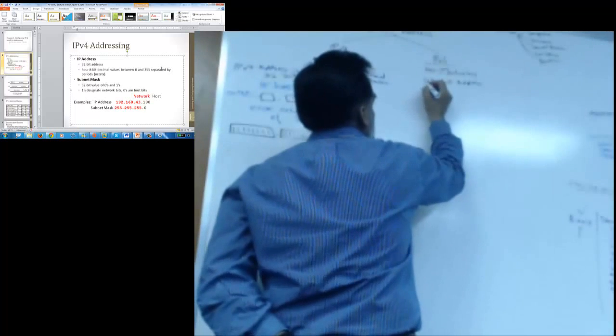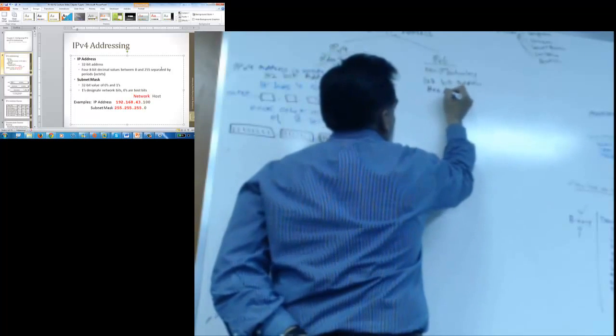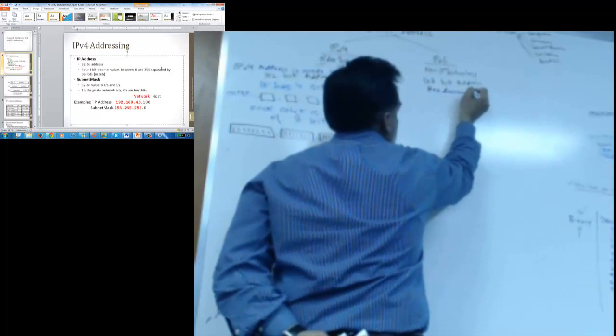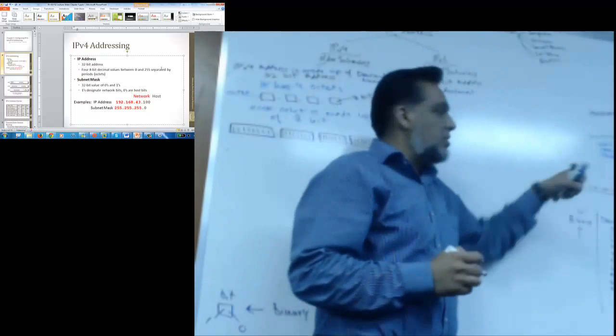So this is made up of hexadecimal, and this is made up of decimal numbers. Now why am I saying decimal? Because this is a decimal number.